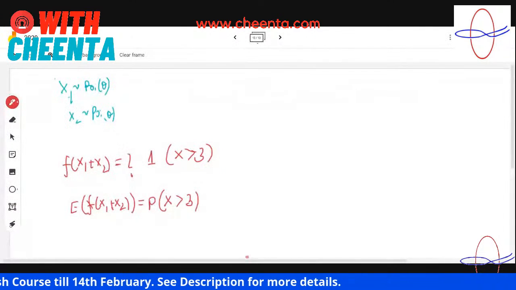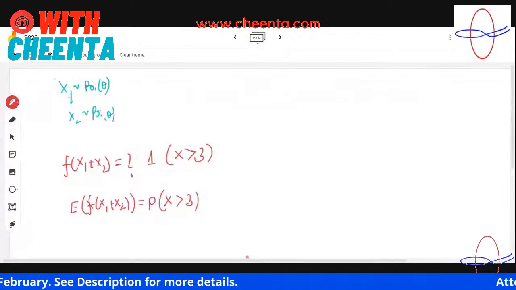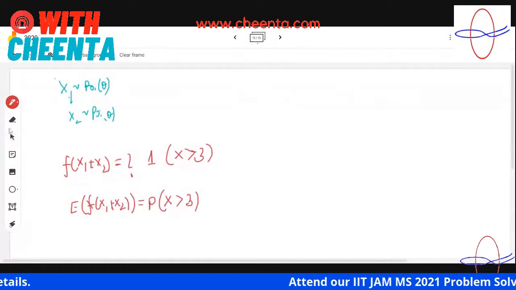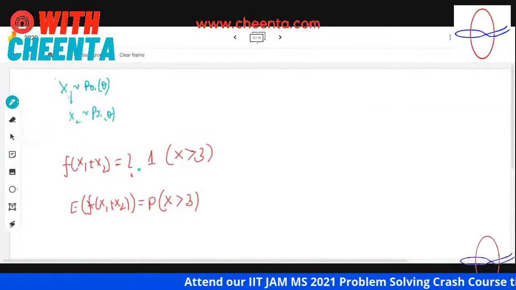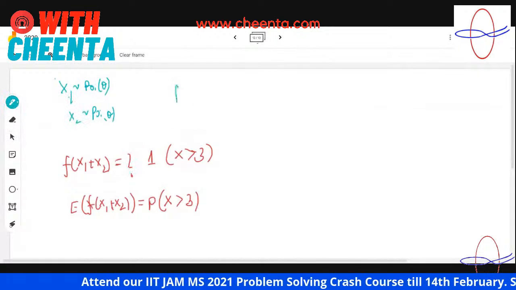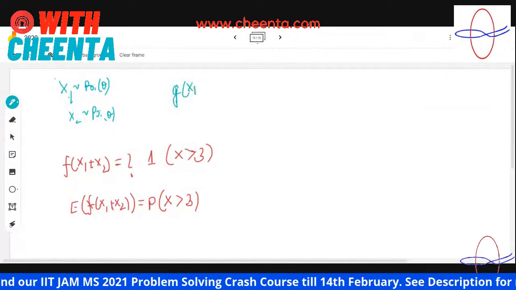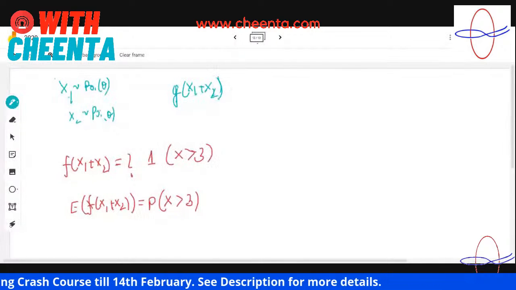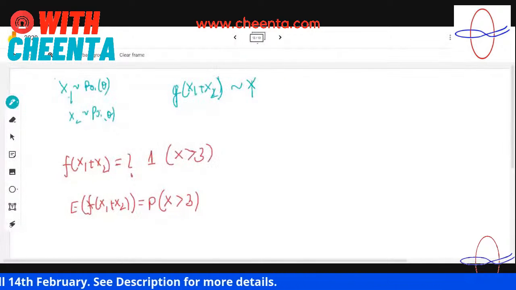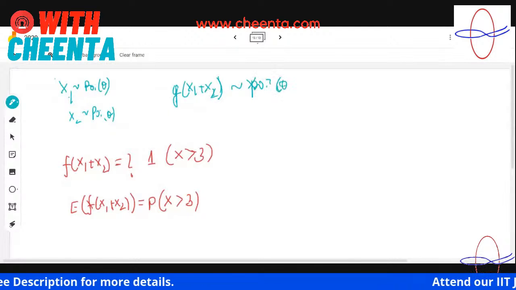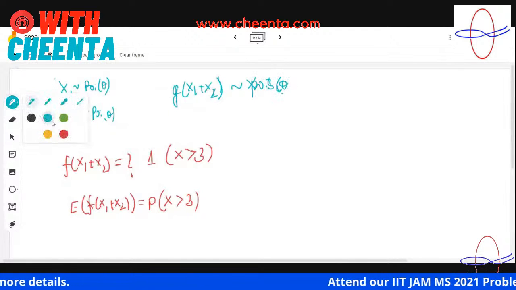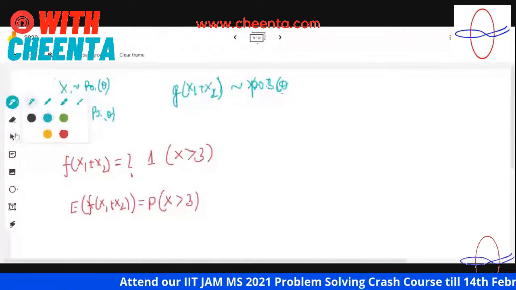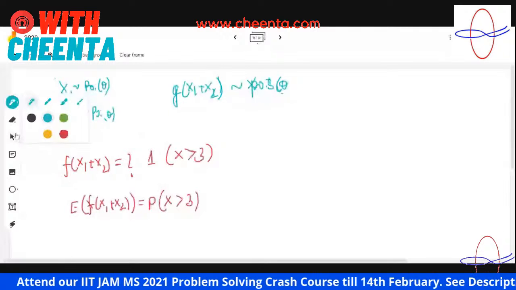So they have to somehow find some function. So rather we should find g of x1 plus x2 which follows Poisson theta. If we find that, then we will easily say g 3, right?